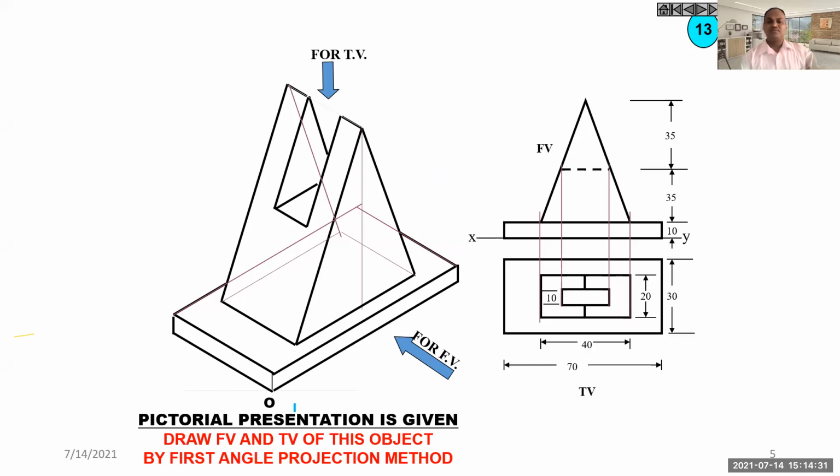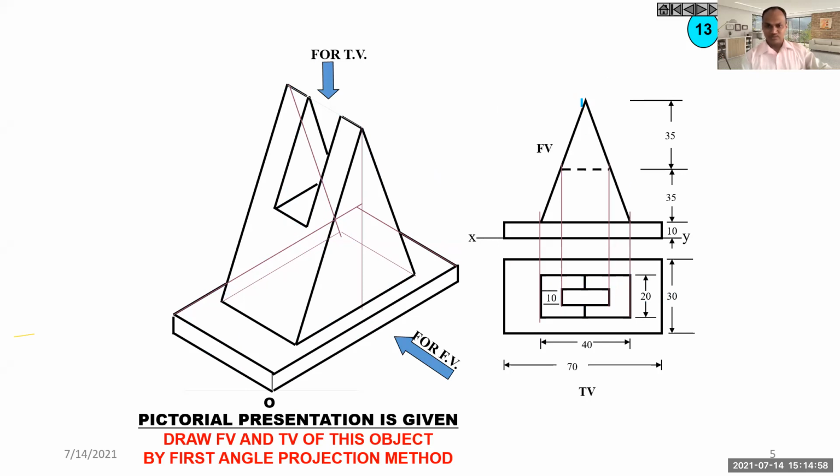In case of top view, you will see a large rectangular portion here. Then this triangular portion is there, but it will be seen like a rectangle because its overall view is rectangular. Its overall view from the top side will be a rectangle and a small rectangle inside it, and these two edges will be seen like a line here.